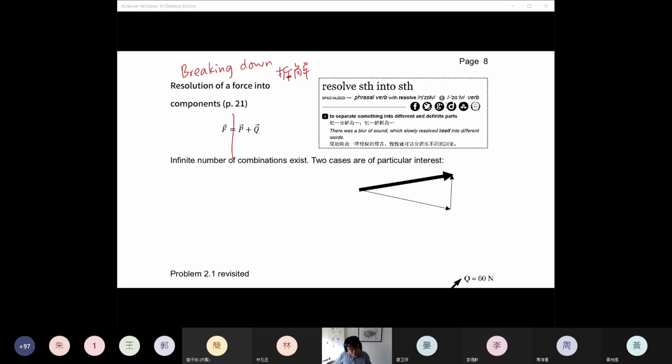So in this problem, F is known, and P and Q are unknowns.